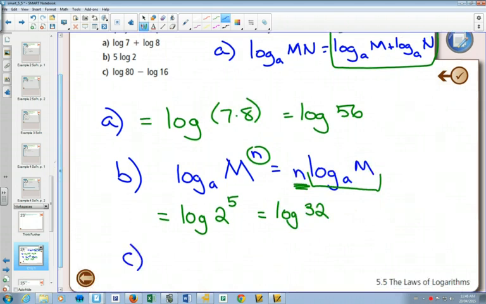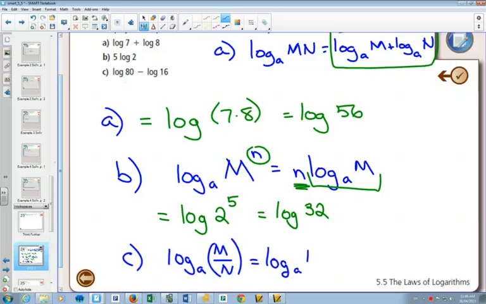And part C on your formula sheet, whenever you're subtracting two logs and you have the same base, that's the same as dividing.